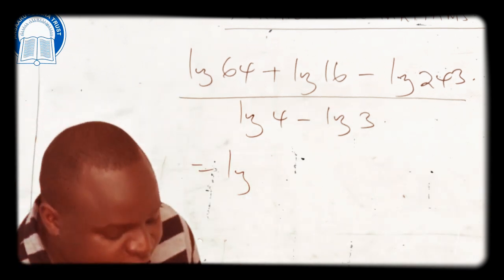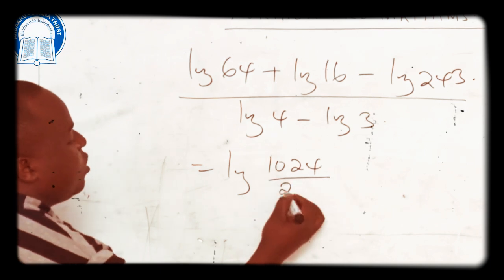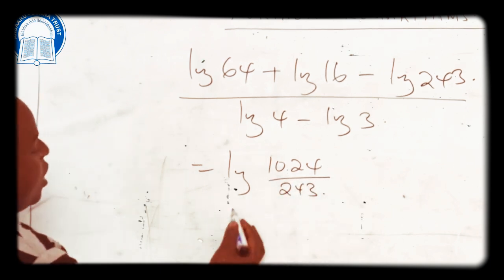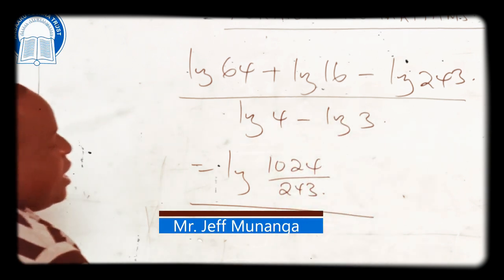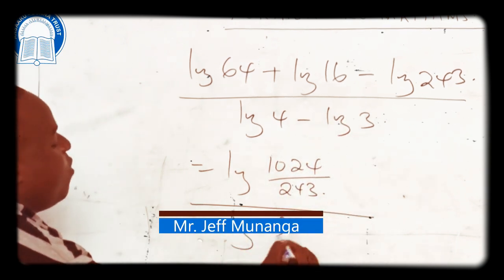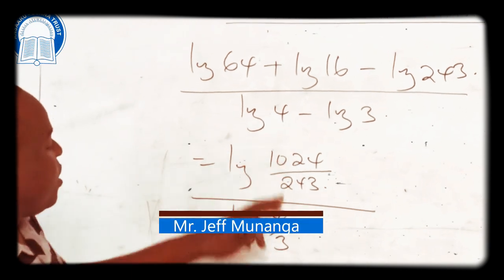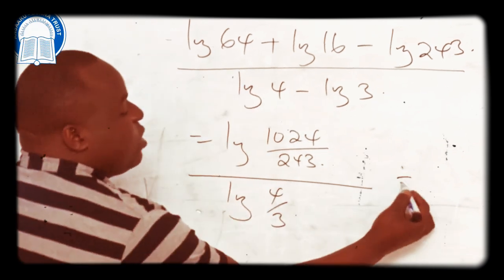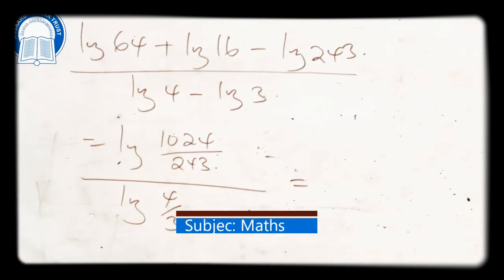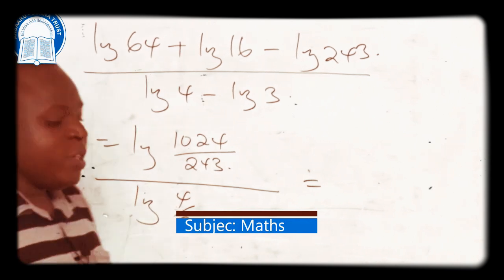And actually, the answer should be 1024 over 243, over log 4 minus log 3, which is the same as log 4 over 3. Just from this statement, I have a number over. And according to how the questions are set and how I explain, there should be a way in which this number can be written in terms of 4 over 3.